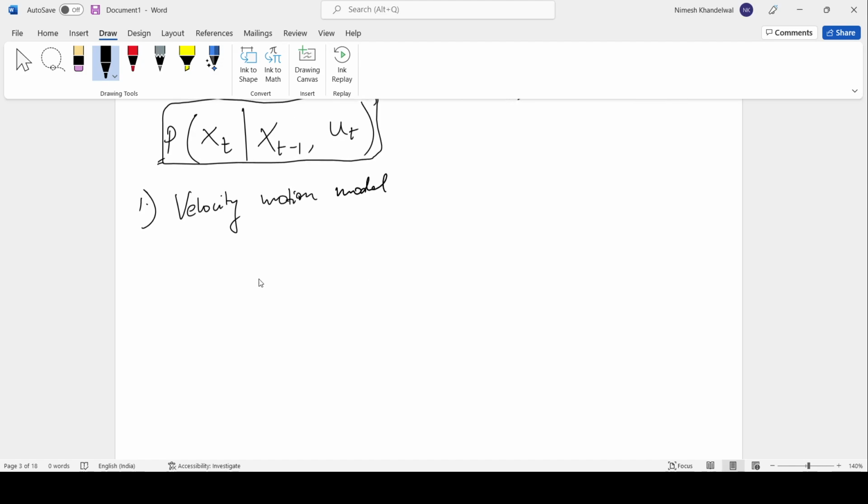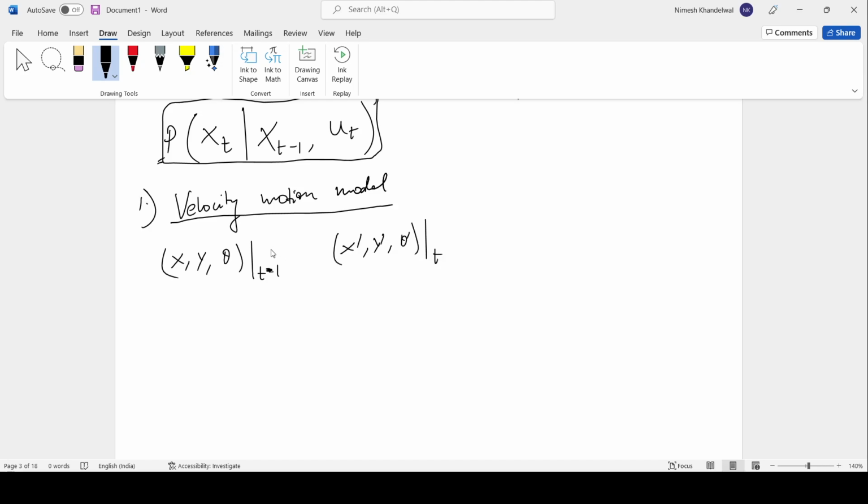Basically in the velocity motion model, you had assumed that you have your x, y, and theta at t minus 1, and you want to calculate x prime, y prime, and theta prime at t.